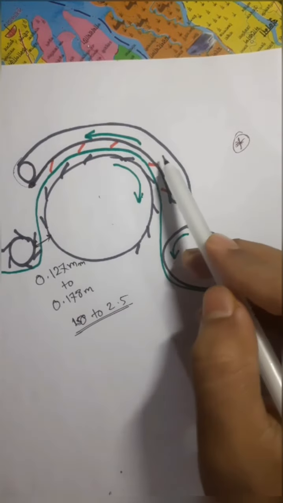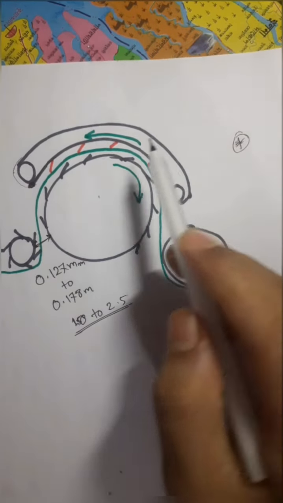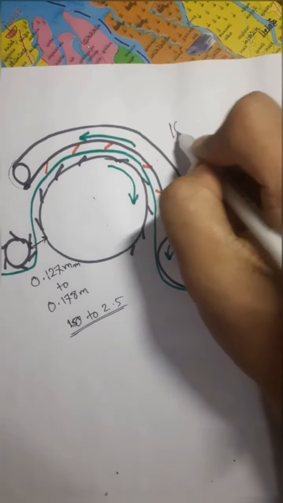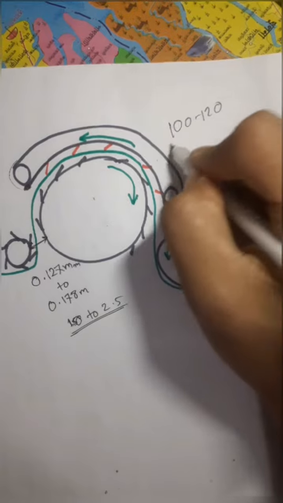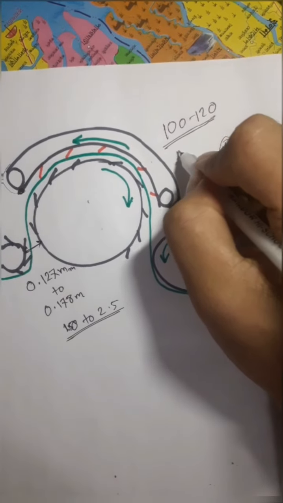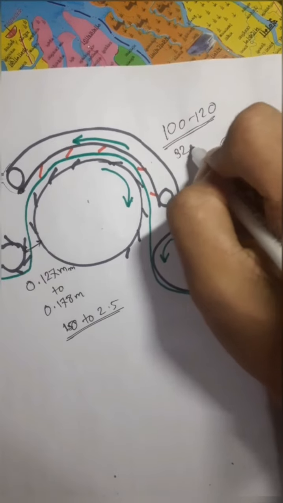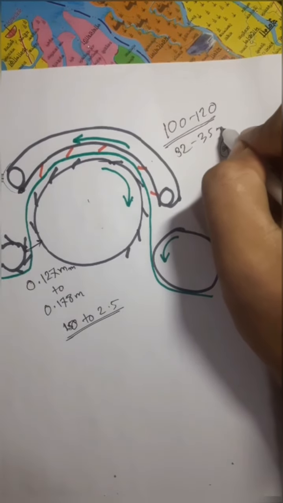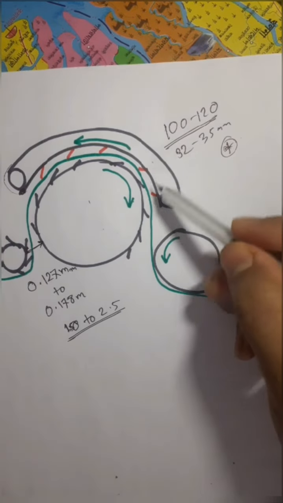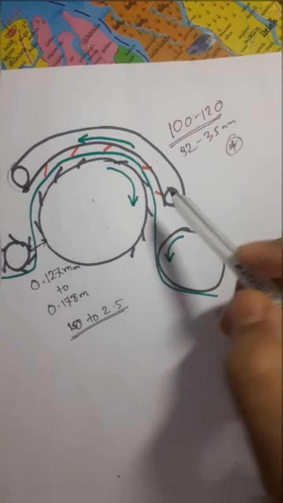This is cylinder and this is flat. Actually the flat consists of 100 to 120 flat bars. Each flat bar's width is 32 to 35 millimeter, and the length of a flat bar is the same as the cylinder length.